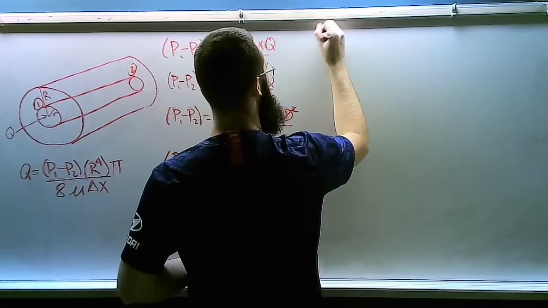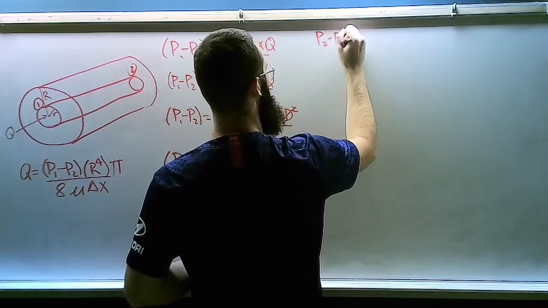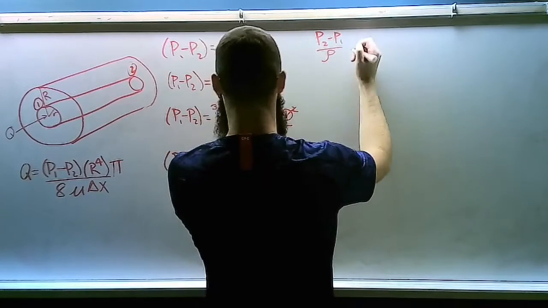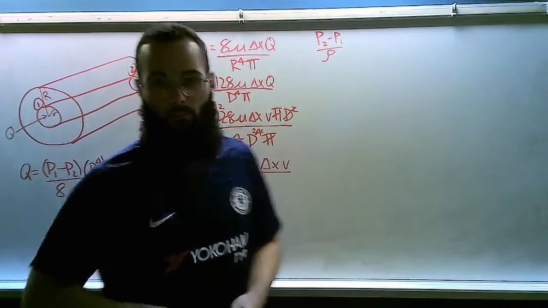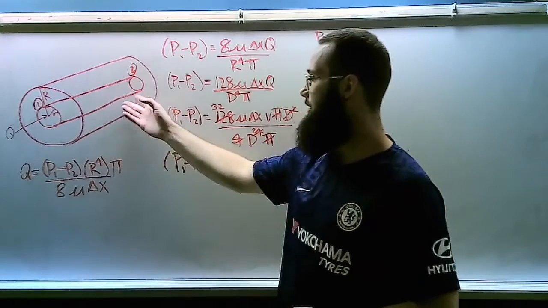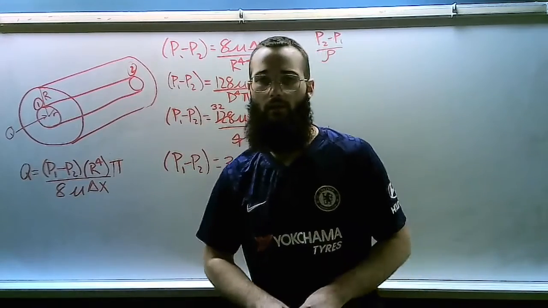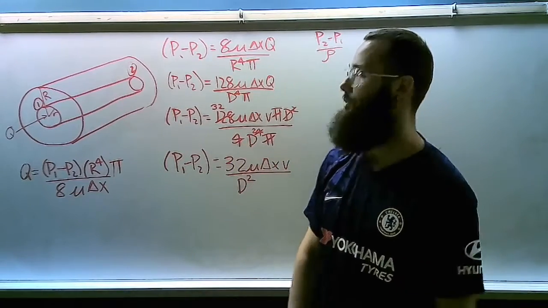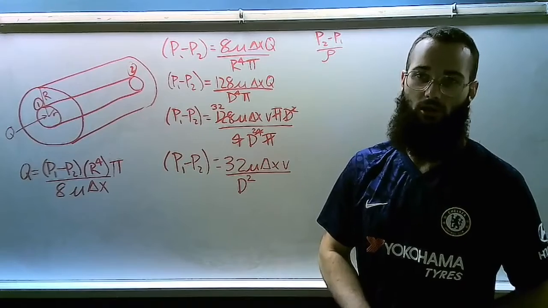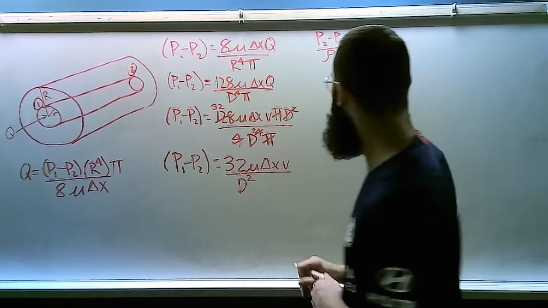So Bernoulli's equation, we have P2 minus P1 over rho, change in pressure head. And then because there's no change in geometry of this, A1 is equal to A2, there's going to be no change in the kinetic energy head, and it's also a horizontal pipe, so there's going to be no change in the elevation head.